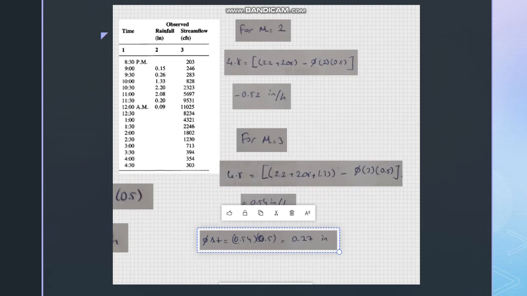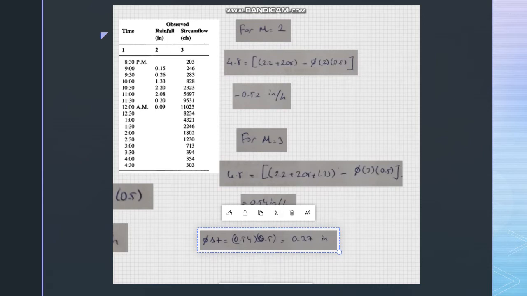Above 0.27, 1, 2, 3 intervals are seen. So that means m equal to 3 is correct. If m is equal to 3, then for this phi delta t number there are 3 numbers above this number, so we have a correct calculation.